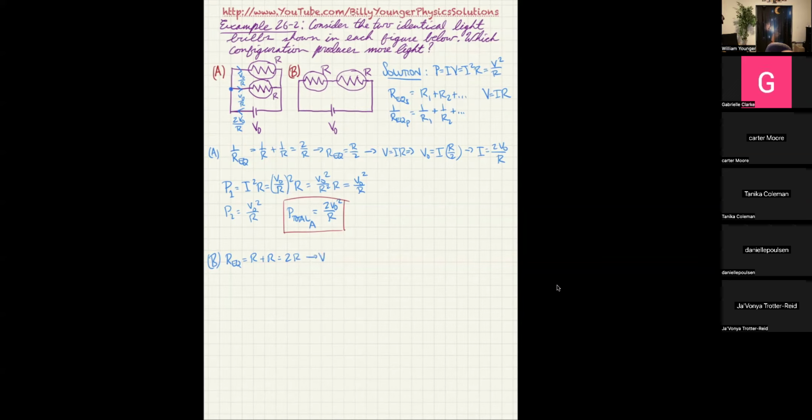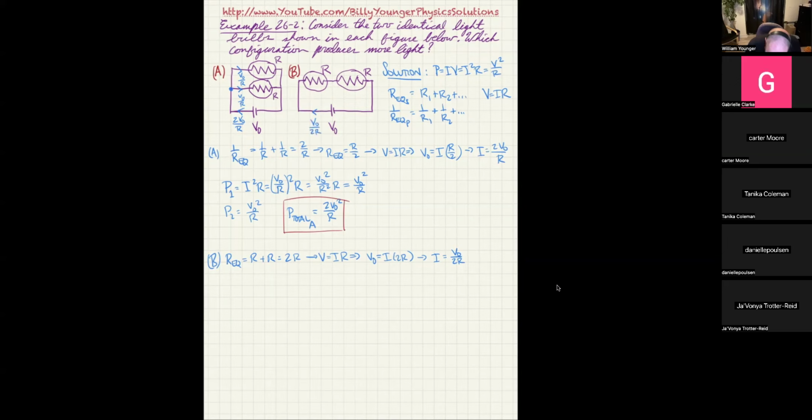Now, using V equals IR, I can solve for I by realizing that V0 is equal to I times 2R. Therefore, I is going to equal V0 over 2R. So I now got the current, and this current is V0 over 2R.